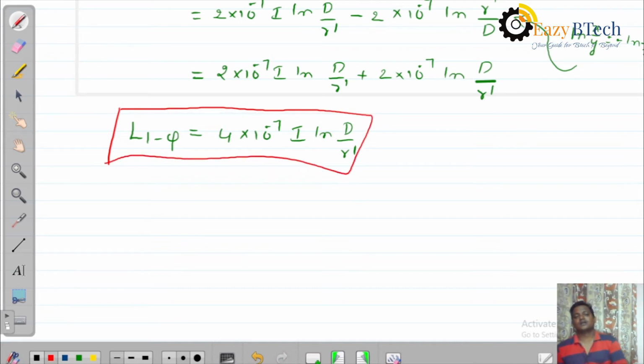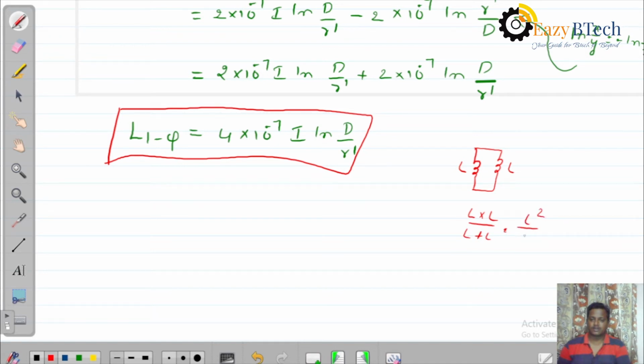Now, both the conductors are in parallel. Therefore, here the conductor 1 and conductor 2 both are in parallel. Therefore, both are L. What is the total? Total is equal to L into L by L plus L, L square divided by 2L. L square get cancelled.